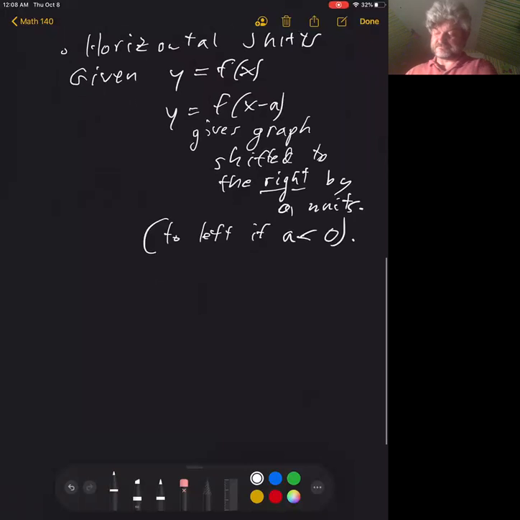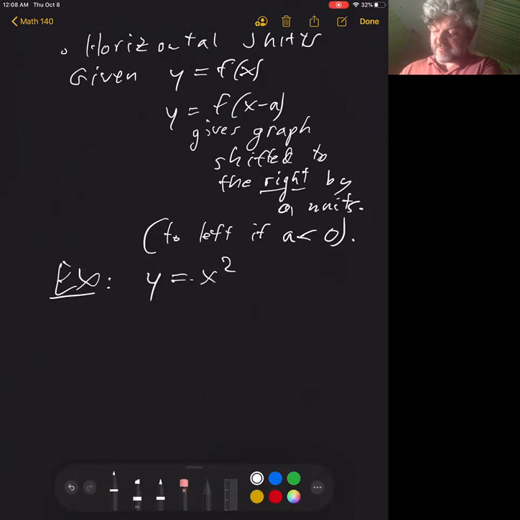Example. y is x squared minus 1. Let's shift that to the right by 2 units. So what do we need to do?